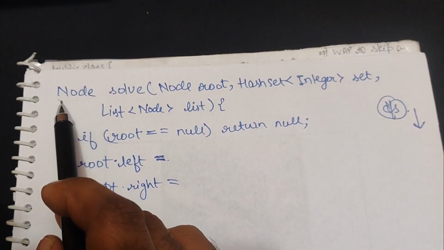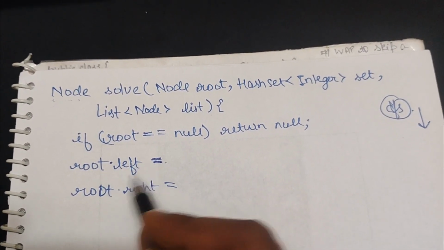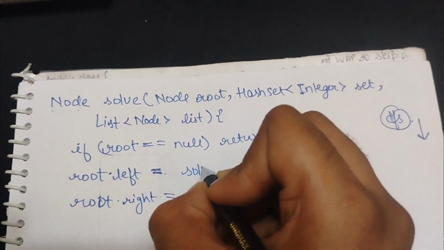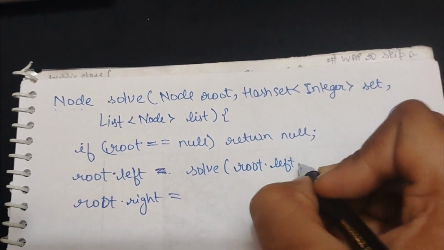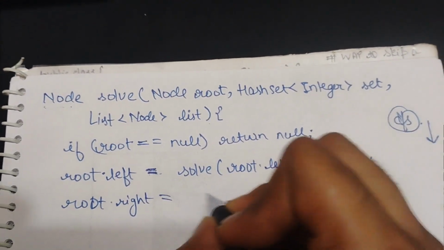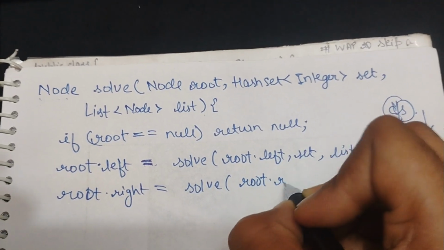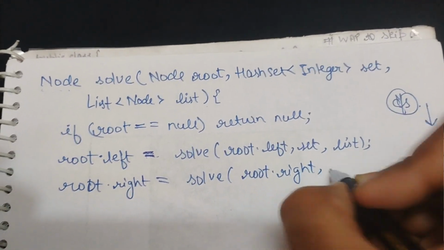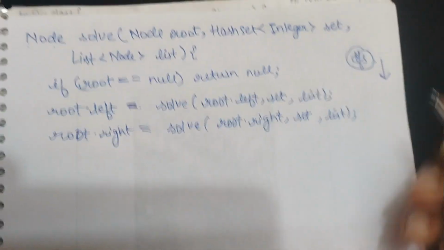You can see that I have mentioned here the return type is node. That's why it will assign root dot left, root dot right. I will call the solve function with root dot left, then the rest all same, set and list, solve root dot right, set, then list.